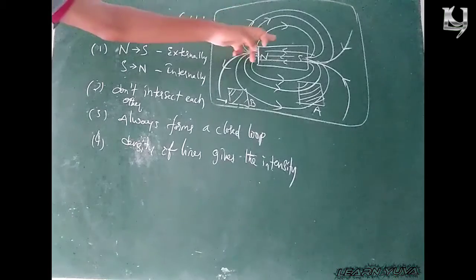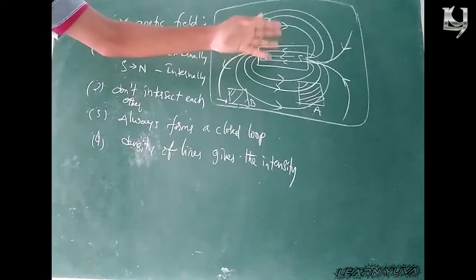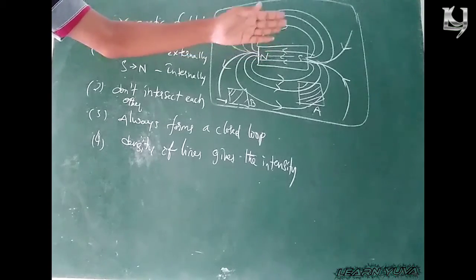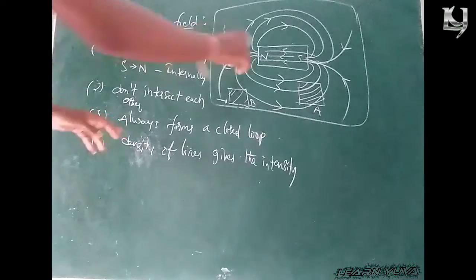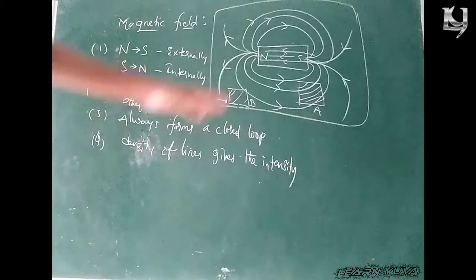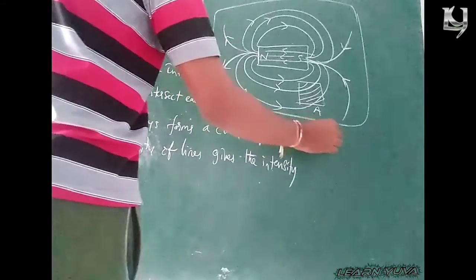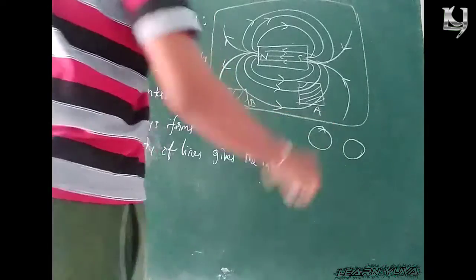Magnetic lines of force never intersect each other, never cross each other. And they always form a closed loop. It does not have any breakage like this.